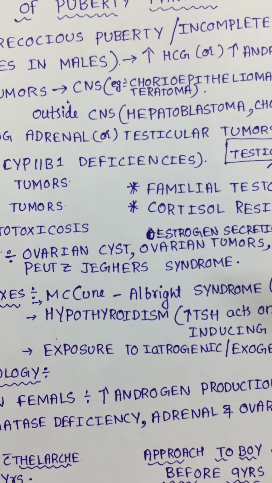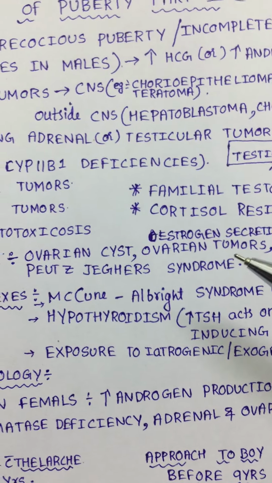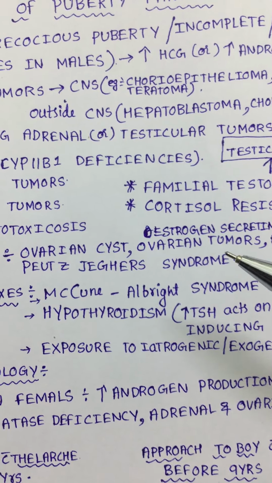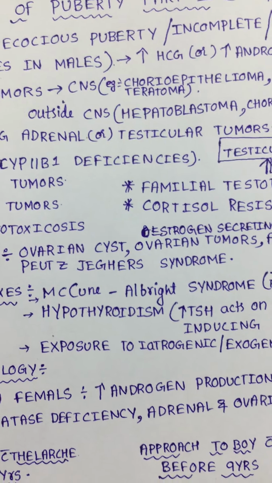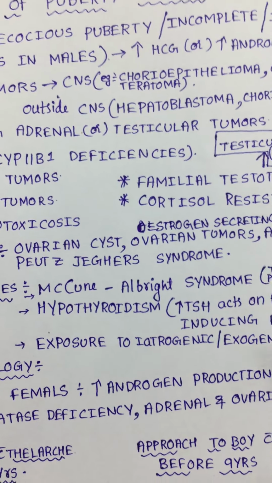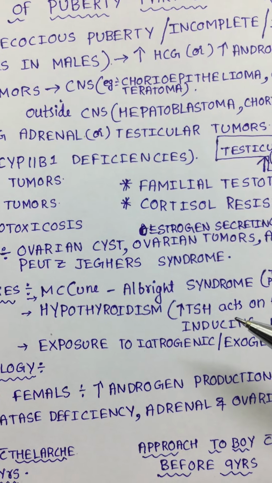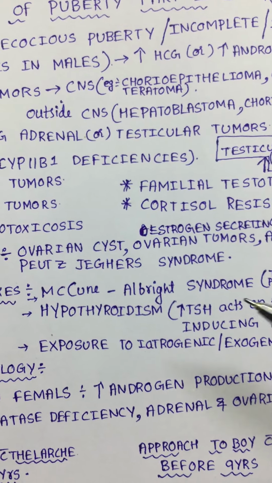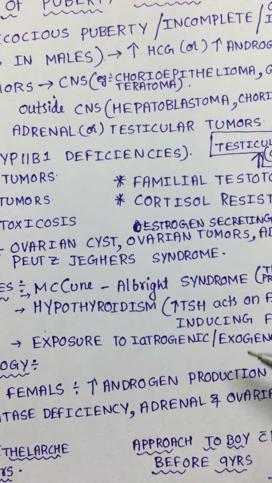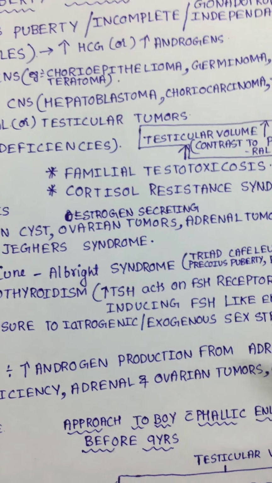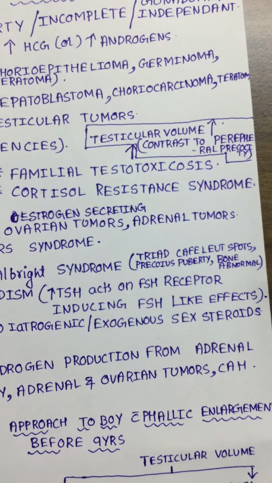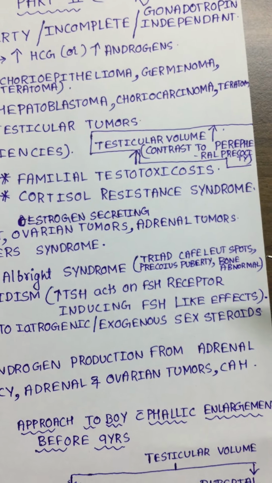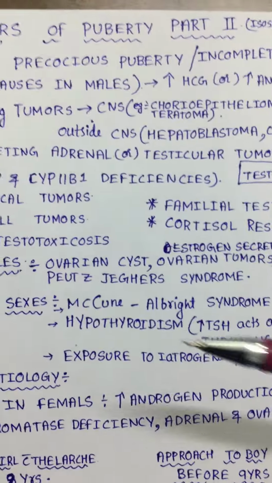In males using external testosterone, and females using external estrogen, like many cosmetics, for breast implantation, etc., these may lead to precocious puberty. And McCune-Albright syndrome is a triad of capillary spots, precocious puberty, and bone abnormalities.